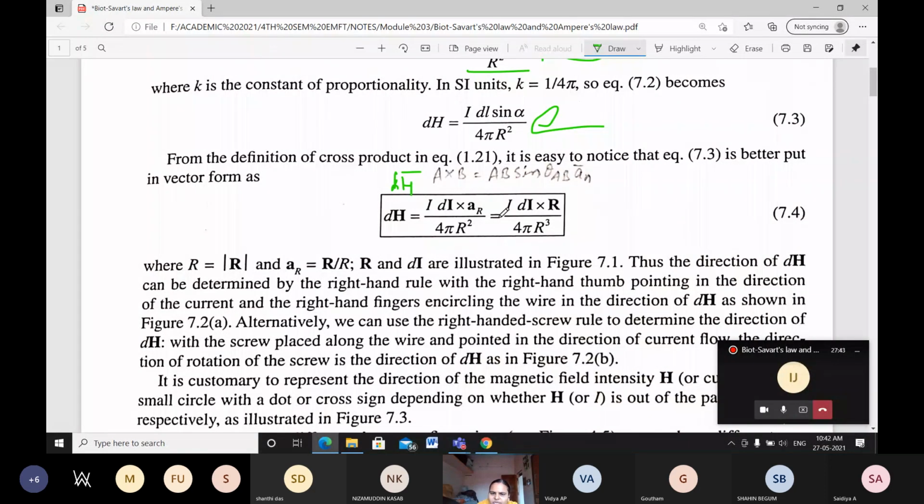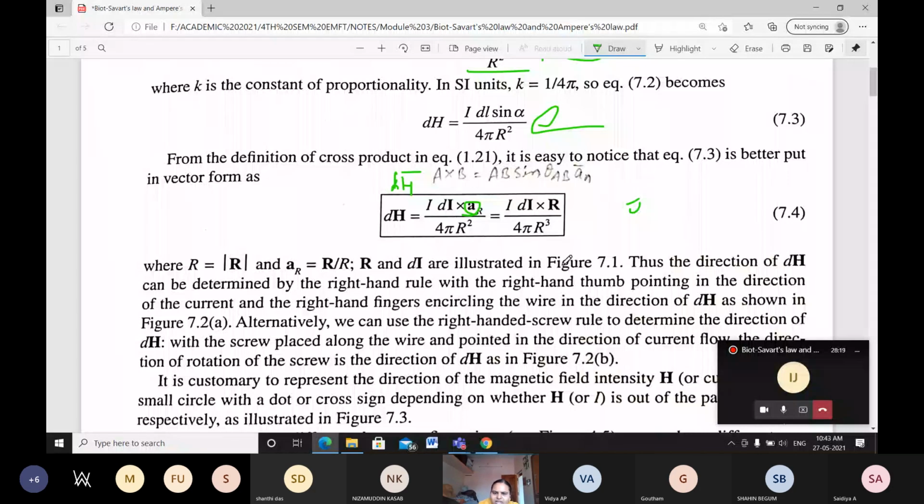That equals I dL cross R divided by 4 pi R cube. We already defined aR, the same as taken previously. Here R is the magnitude of R, and aR is R divided by R. For that reason we get R divided by R cube.